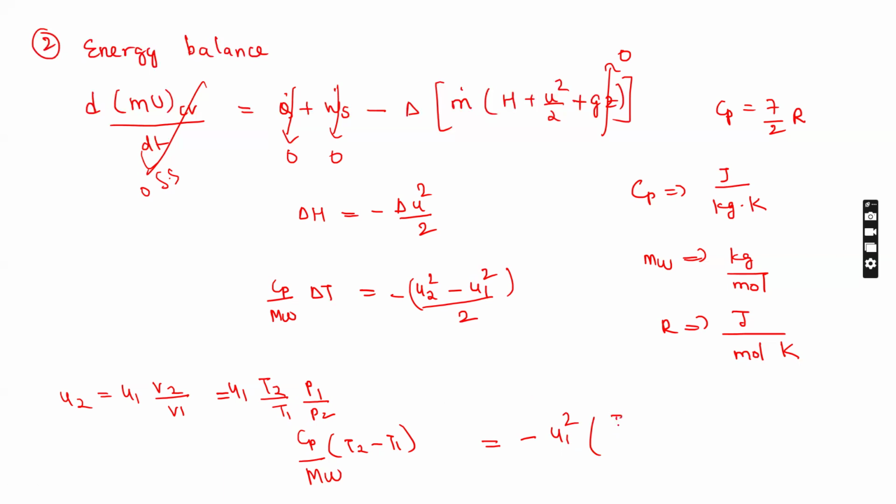So T2 by T1 is 322 (you can see here also 322). Okay. And the Cp is 7 into R by 2, so 8.314, this 2 and 2 got cancelled here. Okay, molecular weight of the nitrogen, and 322 square into P1 by P2 is there, right? So that is 5 square minus 1.